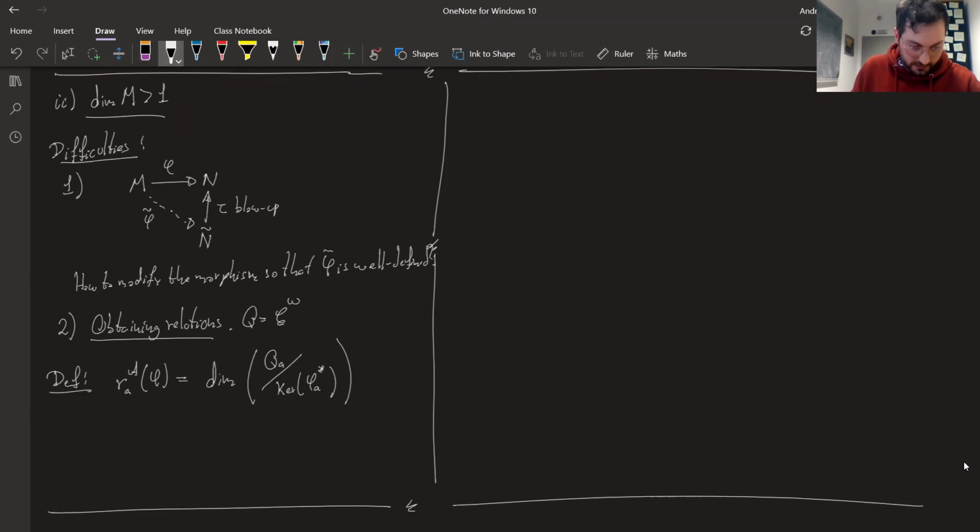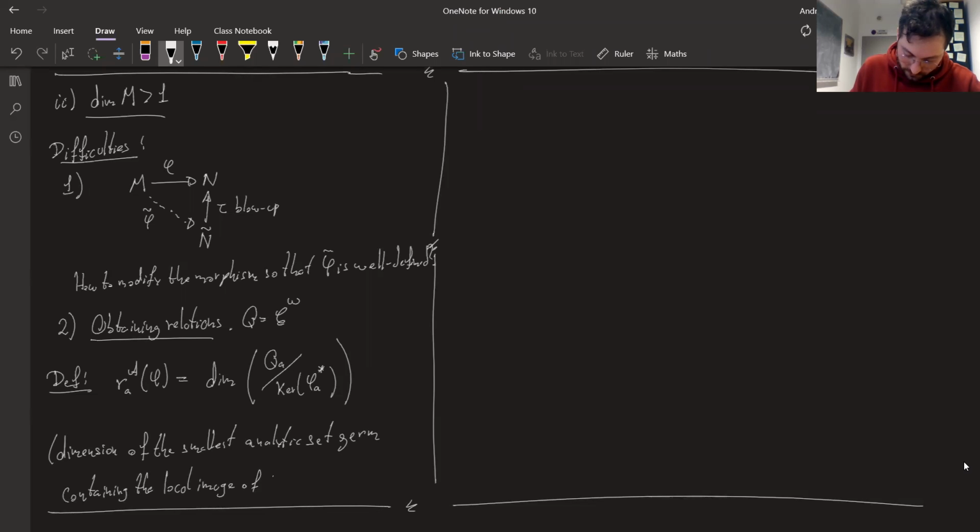I'm not going to spend much time defining this, but the heuristic is that it's the dimension of the smallest analytic set germ containing the local image of phi at A.